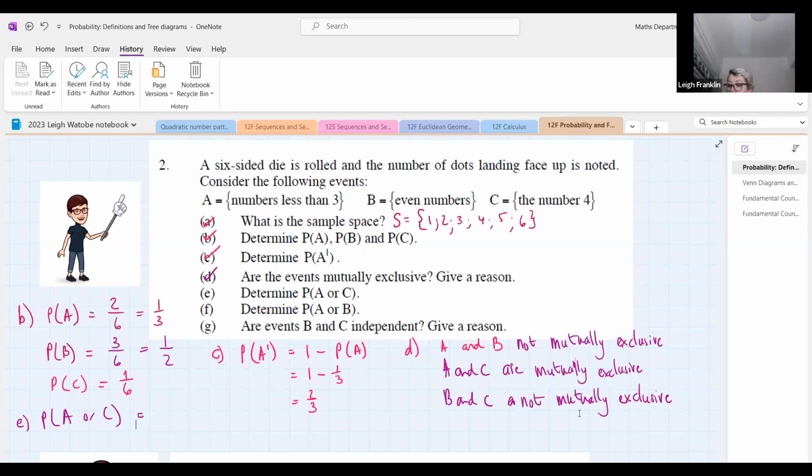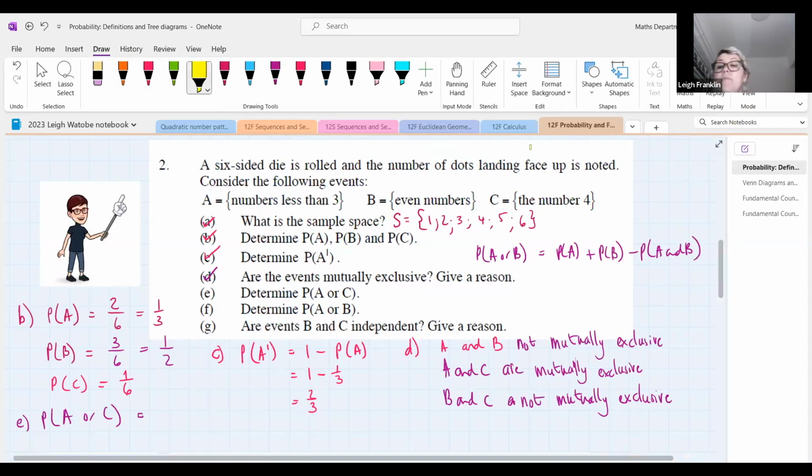So the probability of A or B is the probability of A plus the probability of B minus the probability of A and B. But remember, for events that are mutually exclusive, this probability of A and B is equal to 0. So A or B is the probability of A plus the probability of B.